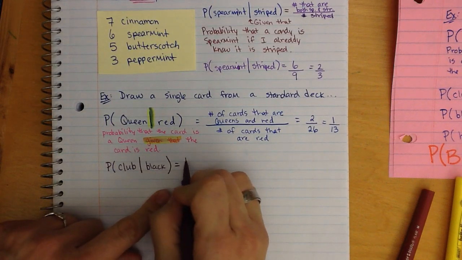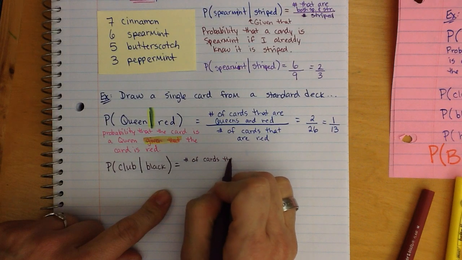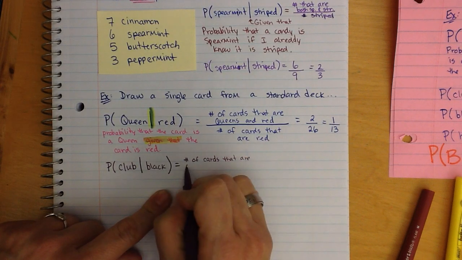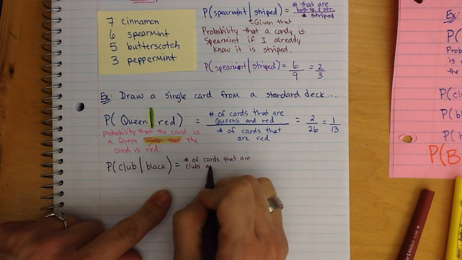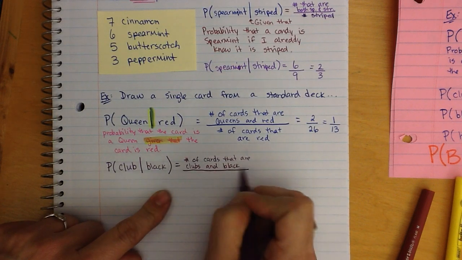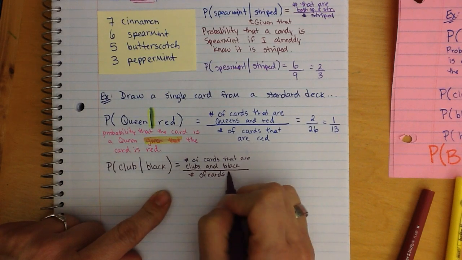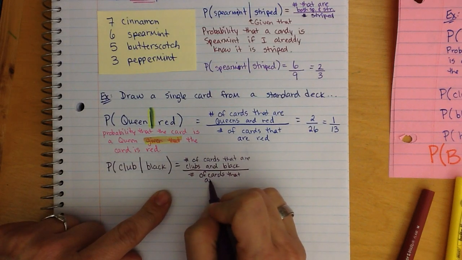So we're going to take the number of cards that are clubs and black divided by the number of cards that are black.